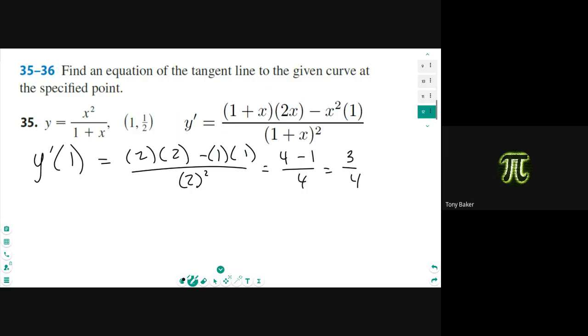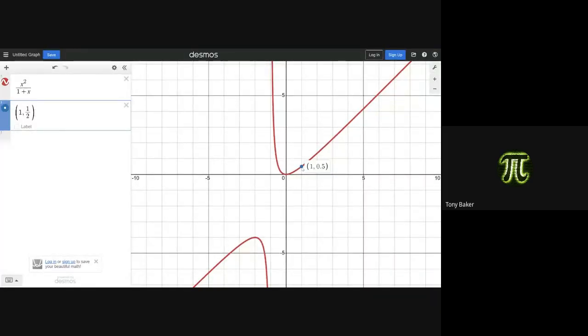The book actually did a whole bunch of extra steps to simplify it down. It's just as easy to do that. Does everybody understand why I plugged in the 1? That's the x value. That's what I'm looking for. So if we graph this, I'm looking at the graph and I'm looking at the slope at that point.